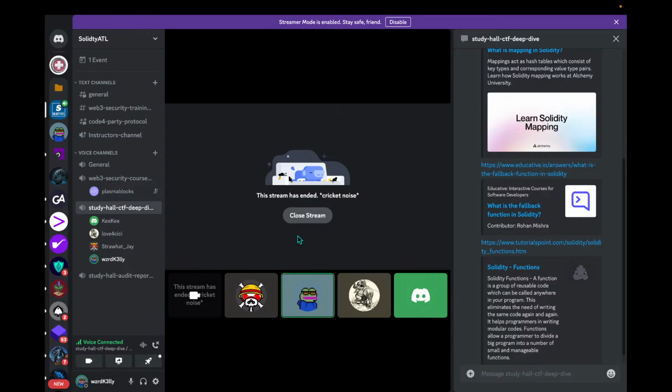You don't have to have any prior Solidity experience. We throw a bunch of resources at anyone to get started and understand what's going on, and then they can get to the point where they can start hacking contracts. Okay, well, thank you. No problem.